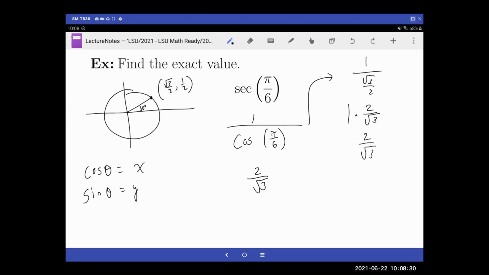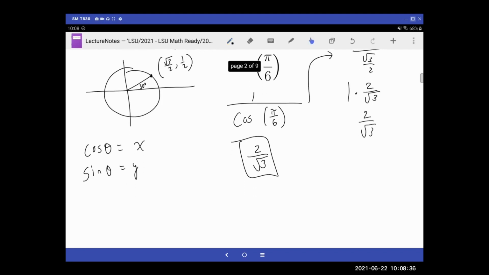Either way, it works. But let's also talk about rationalizing the denominator. We can't leave that square root of 3 on the bottom. It's considered improper. To handle that, I'll multiply the top and the bottom by the square root of 3, whatever the square root happens to be. The top becomes 2 square root of 3. The bottom becomes square root of 3 times square root of 3.